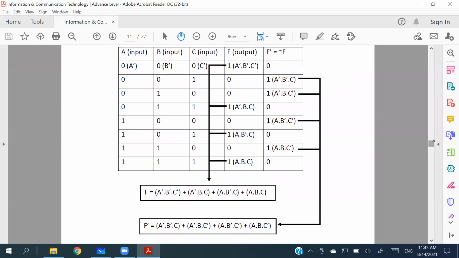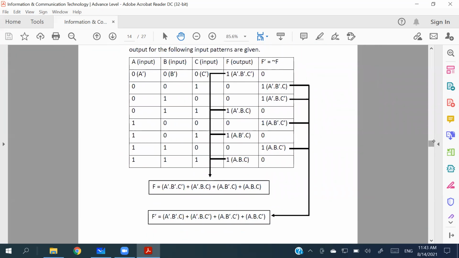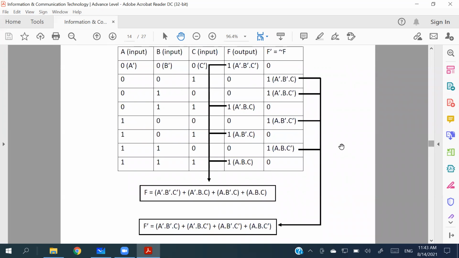This is a truth table which has 3 inputs, which are A, B, and C, right? It is given with the combinations of ones and zeros in this particular manner, right? And the output is indicated by F, and it has some outputs like 1 over here, 0 over here, and 1 over here, and 0, 1, 0, 1, right?